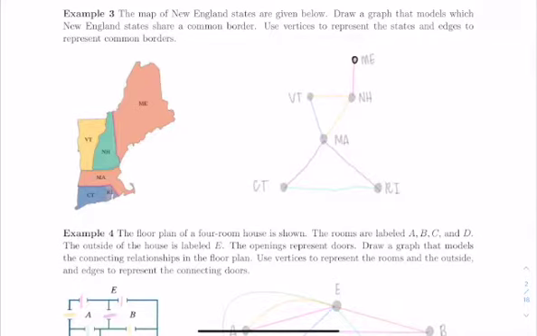So I'm going to put Maine up at the top. And then below it, I have Vermont and New Hampshire. Below that, I have Massachusetts.